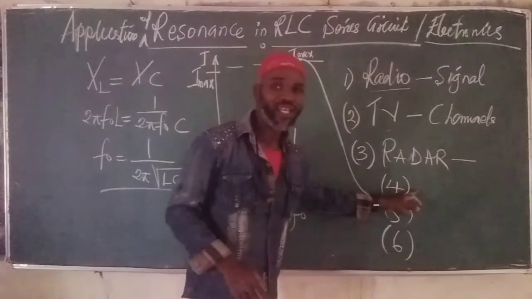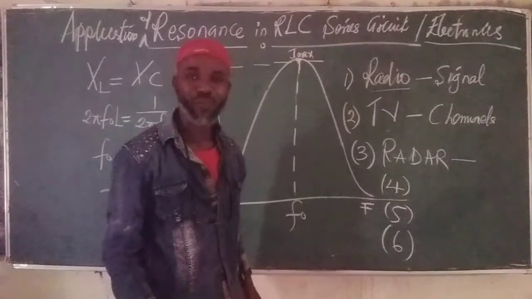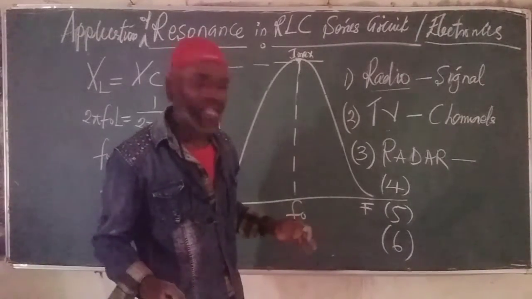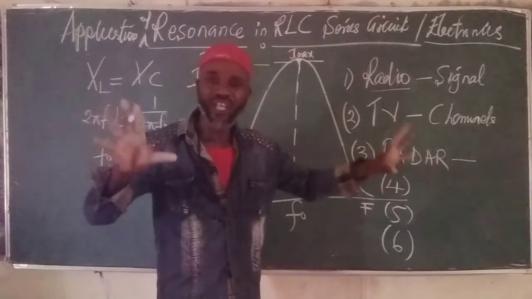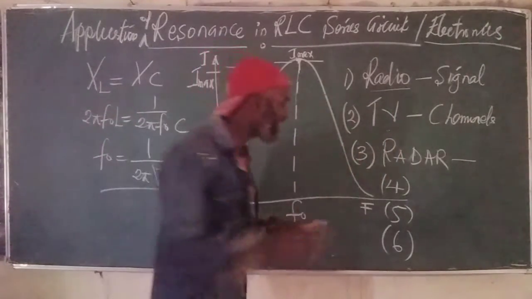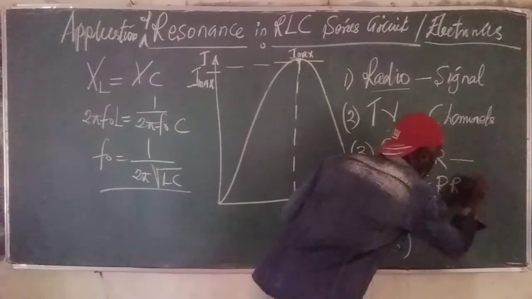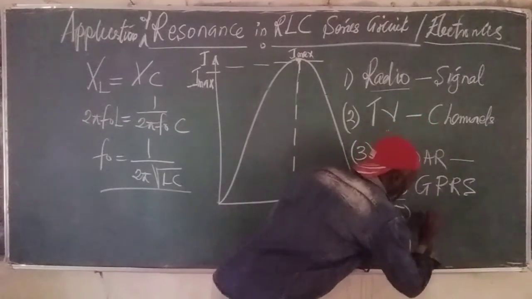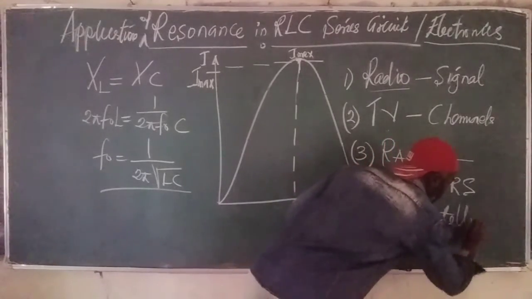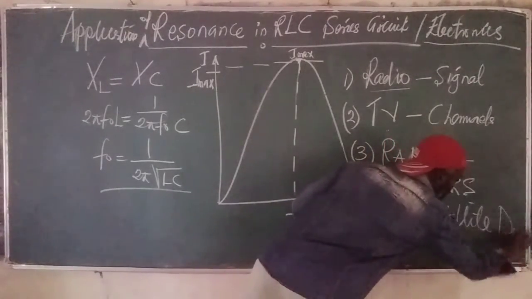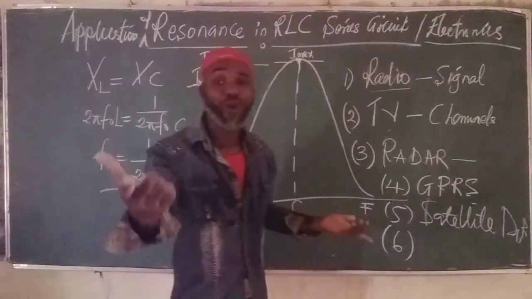Can we find resonance in GPRS, global positional remote system? Can we find resonance in satellite dishes? Check for me if we can find resonance in GPRS, in satellite dishes and so forth. I stand to be corrected.